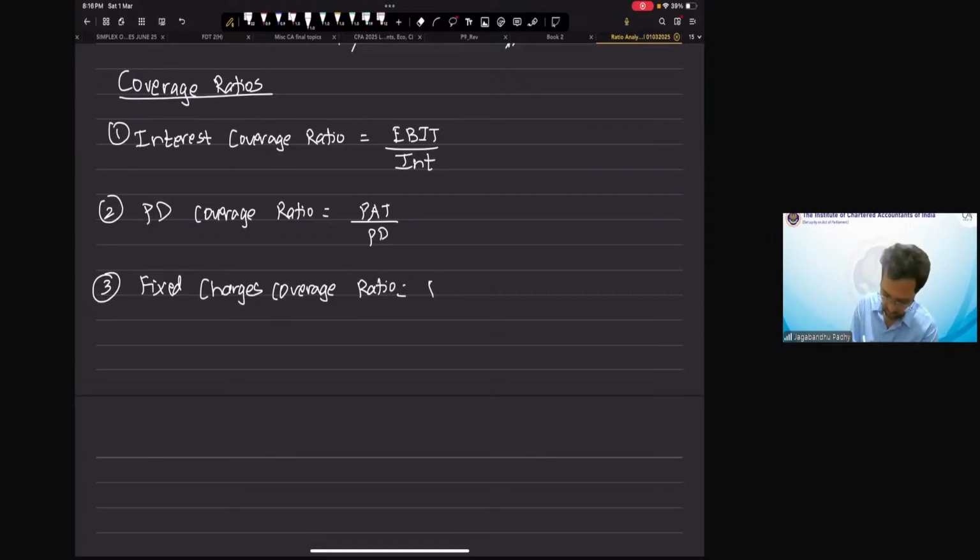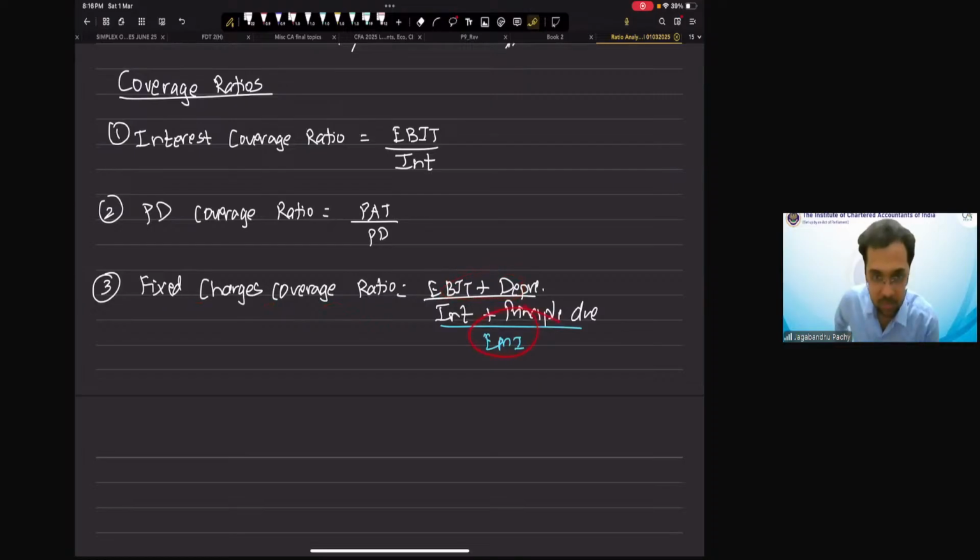The fixed charges coverage ratio is EBIT plus depreciation upon interest plus principal due. Interest plus principal due is basically your EMI. So the fixed charges coverage ratio is EBIT plus depreciation upon the EMI. It tells how capable you are of paying your EMIs.